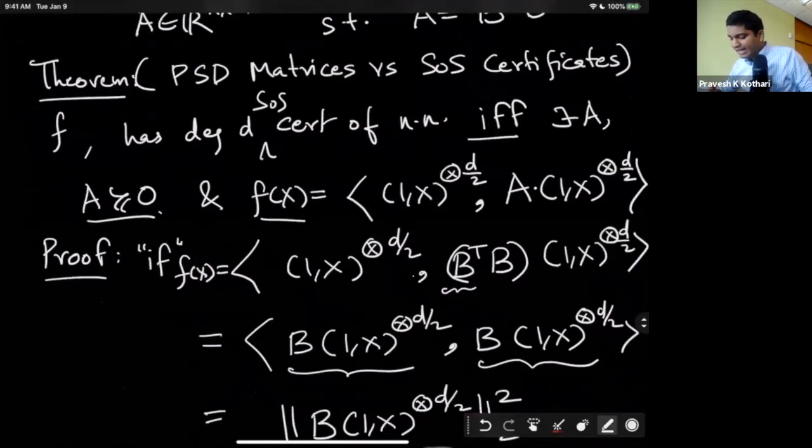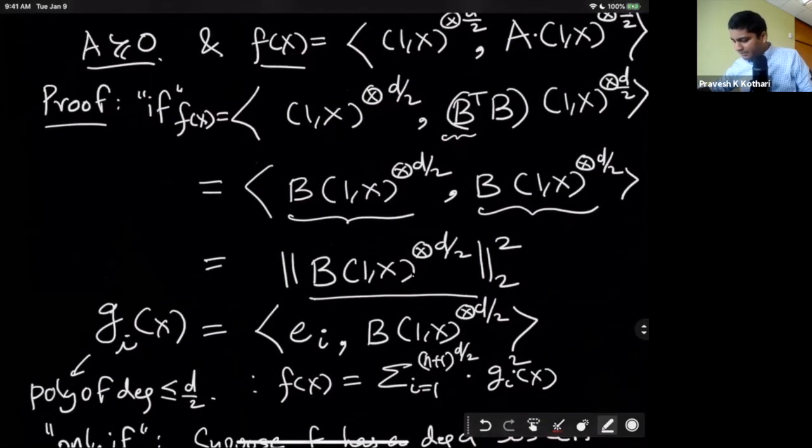Here A was an n plus 1 to the D over 2 by n plus 1 to the D over 2 matrix, right? And then we took this matrix and explicitly constructed an SOS representation for F, where the number of polynomials appearing in the representation were equal to the number of coordinates in this vector, which is at most n plus 1 to the D over 2.